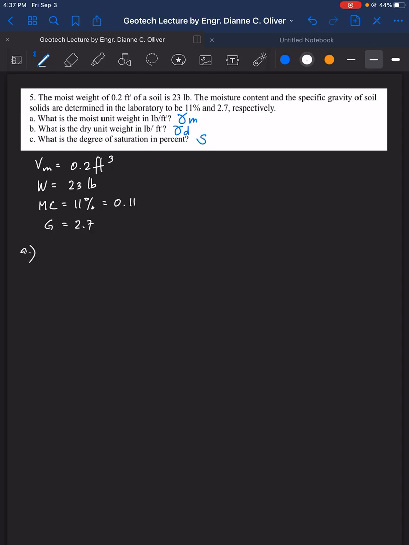Okay, let's start with the first one. So gamma M is simply weight over volume, that is moist. So gamma moist is equal to the moist weight of 23 pounds divided by 0.2 cubic foot.